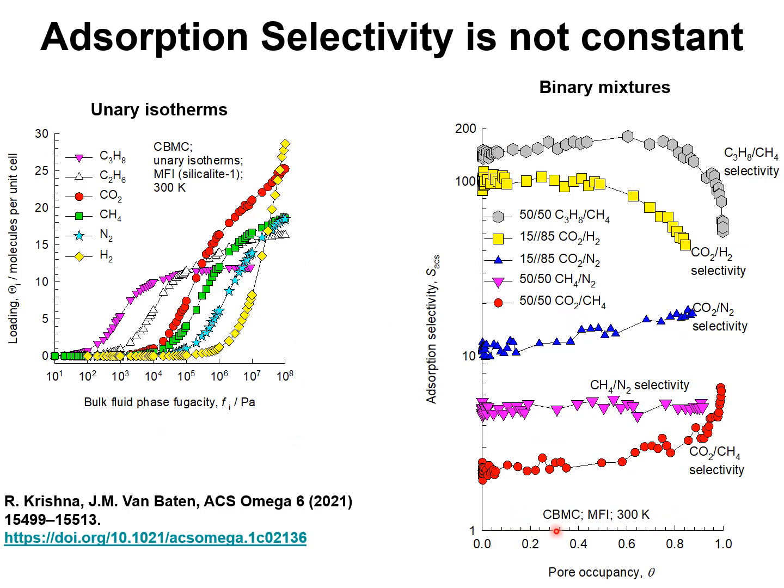This graph here plots the adsorption selectivity for 5 different binary mixtures of propane and methane, carbon dioxide and hydrogen, carbon dioxide and nitrogen, methane and nitrogen, carbon dioxide and methane, and the adsorption selectivities are plotted as a function of the pore occupancy.